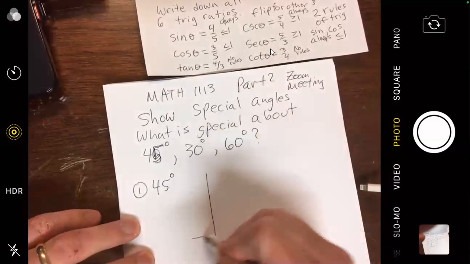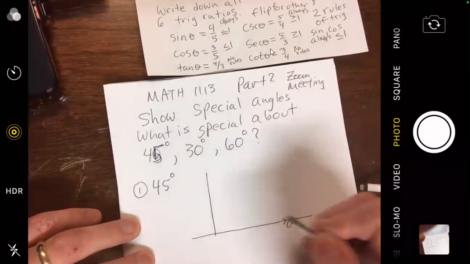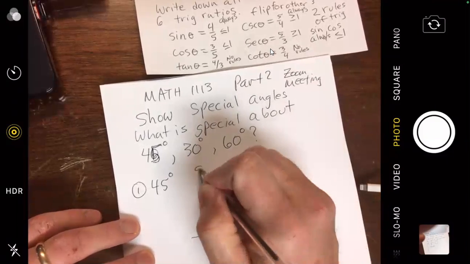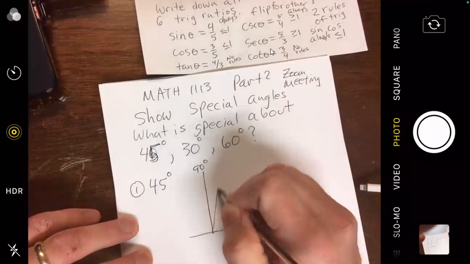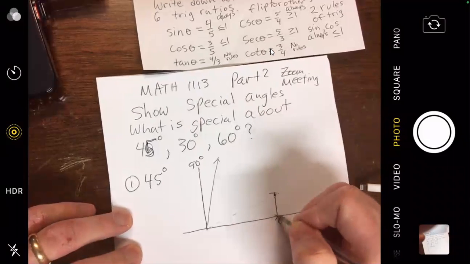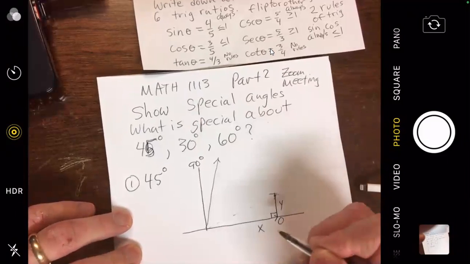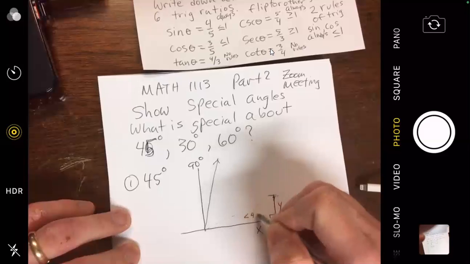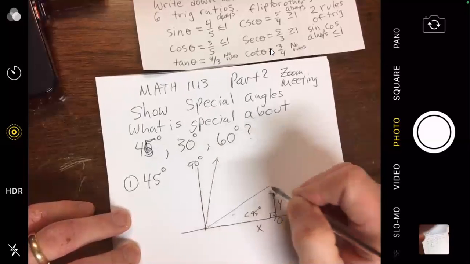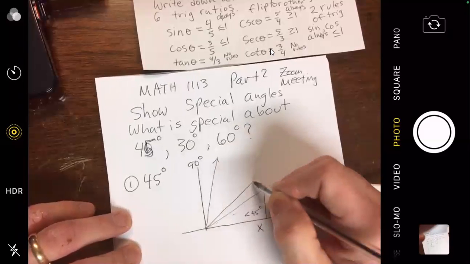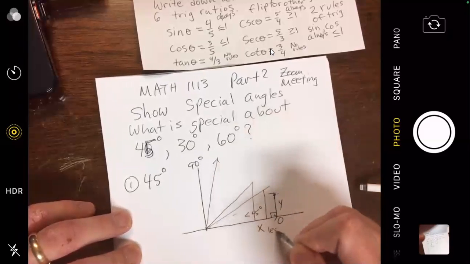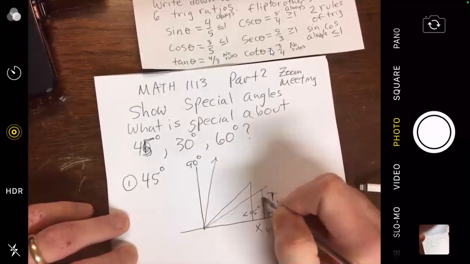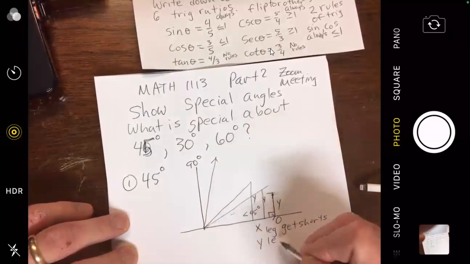Okay, let's look at 45 degrees. Start out here at 0 and swing a ray up to 90 degrees. At each point you stop, you can form your Y leg and your X leg. Do you see this is less than 45 degrees? I can keep increasing it, and you can see your X leg gets shorter and your Y leg increases.